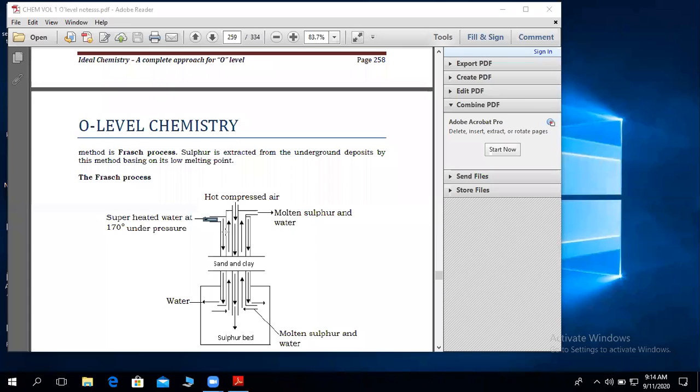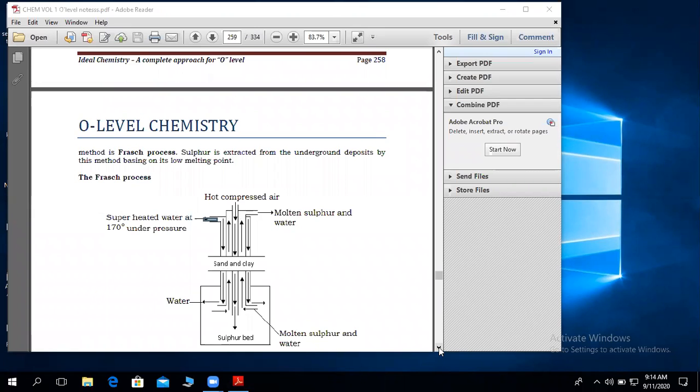This one is the innermost pipe, where we put hot compressed air. Then this one becomes the middle pipe, where you see arrows coming up, and the sulfur comes out in the middle pipe. So take note of that.